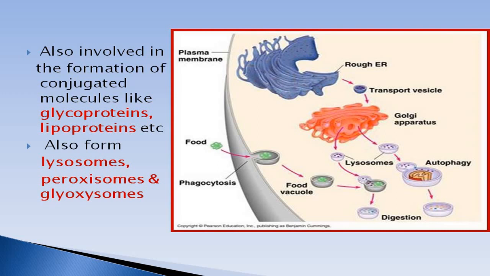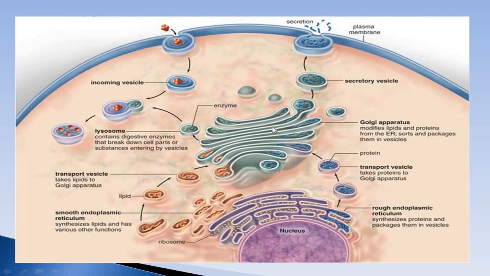Sometimes the protein which is synthesized in rough endoplasmic reticulum is larger than the required size, so its cleavage also takes place in the Golgi apparatus, and then as an end product, it is released through the vesicles from the trans phase.